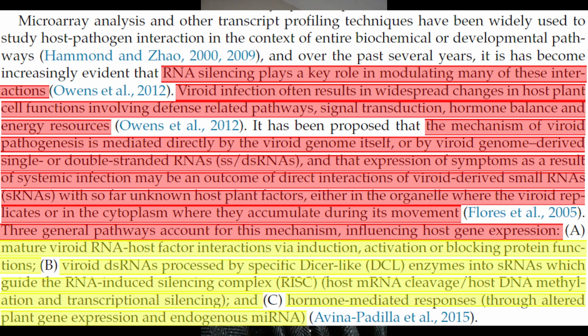People familiar with epigenetics know that methylated genes alter how the genes are expressed, and that's one way that epigenetic expression happens. And transcriptional silencing. And C, hormone-mediated responses, through altered plant gene expression and endogenous microRNAs.